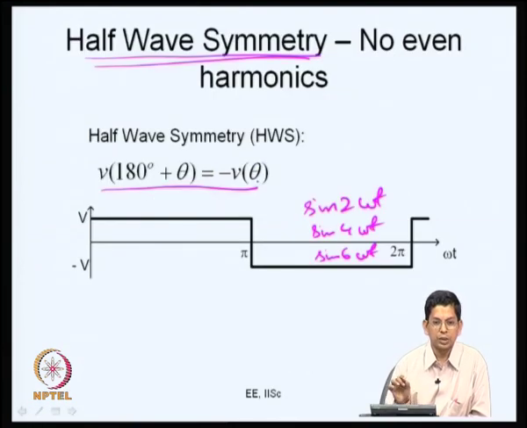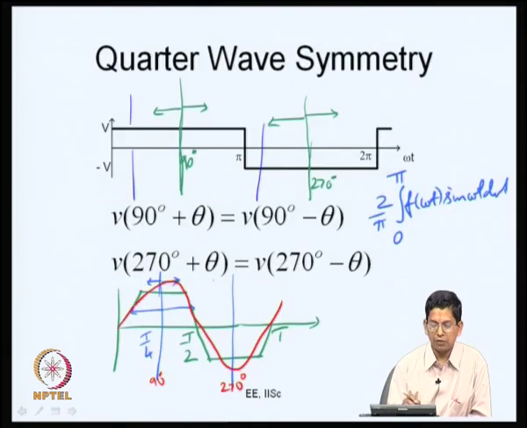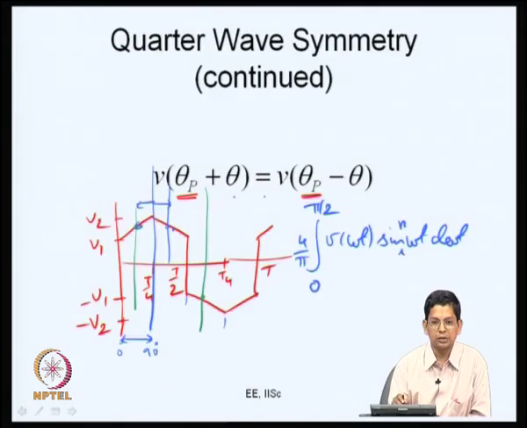If the waveform satisfies that property, that is half wave symmetry, and if we have something like V of 90 plus theta is V of 90 minus theta, or more generally V of theta p plus theta is equal to V of theta p minus theta, where theta p is the instant at which the fundamental component is at its peak, maybe the positive peak or maybe the negative peak. Theta p is the instant when the fundamental component is at its peak. This is theta p and this is also a candidate for theta p.